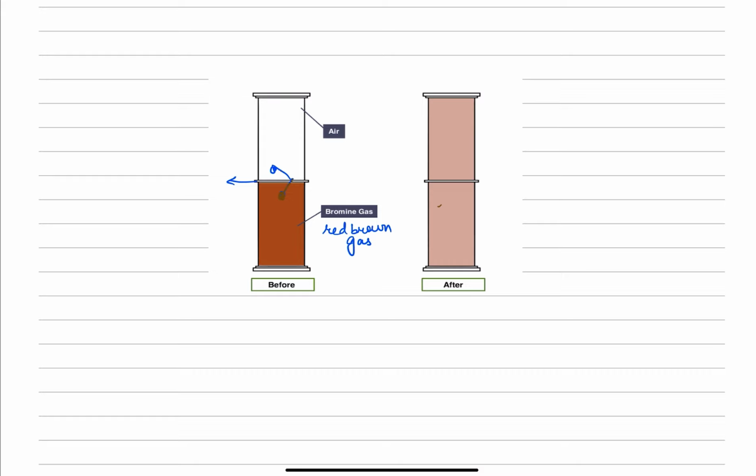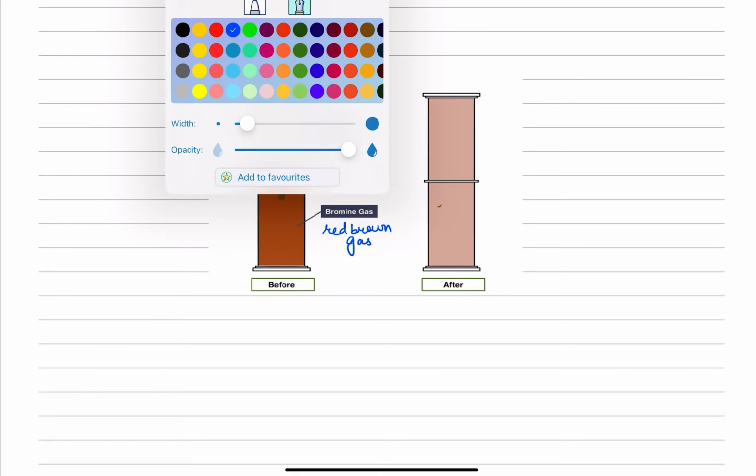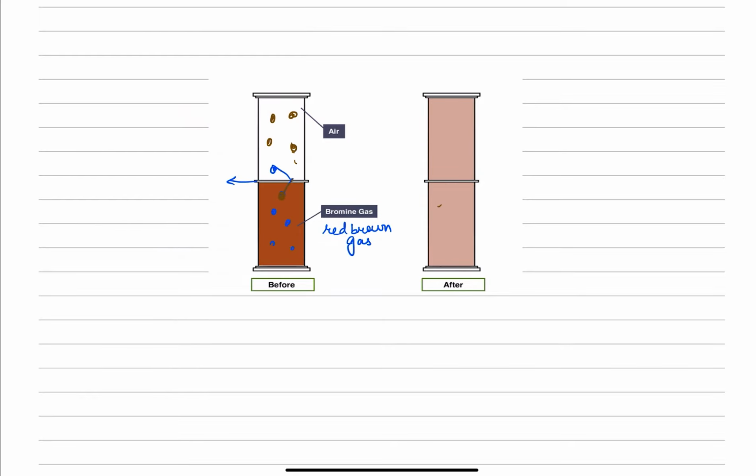Some of the bromine molecules will travel upwards, some of the air molecules will travel downwards, and there will come a time where the red-brown gas is evenly distributed throughout the two glass jars, giving a light brown color. So both of the glass jars are of a light brown color.